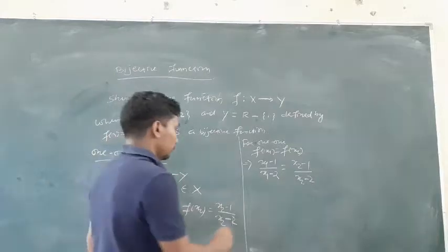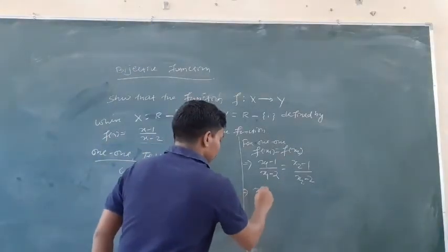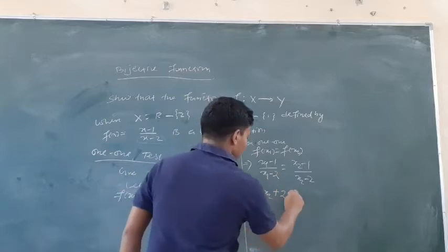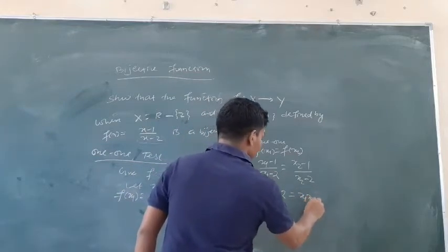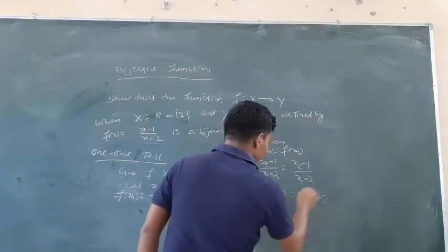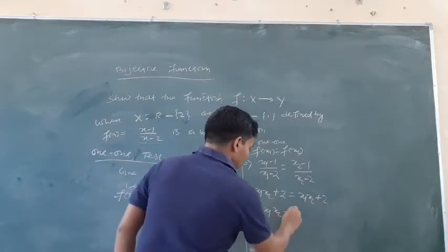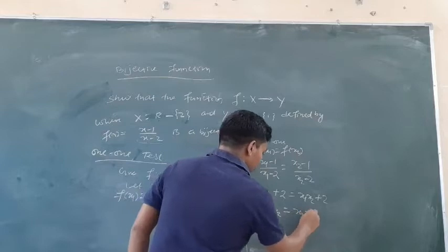Cross multiply, we get x1 x2 plus 2 is equal to x1 x2 plus 2; the 2 will be cancelled. Therefore, x1 x2 is equal to x1 x2.